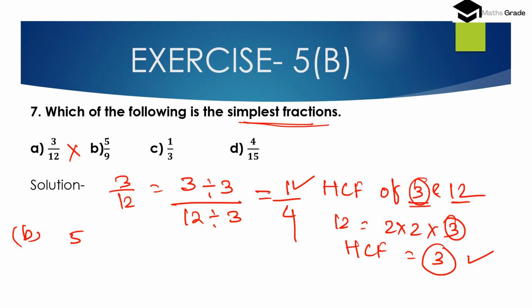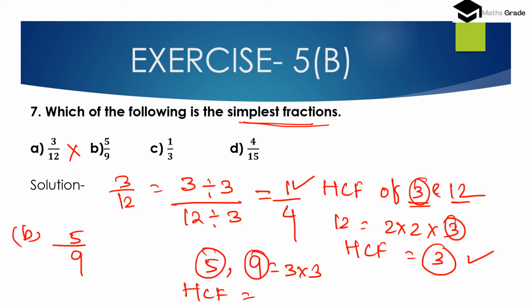Option B, 5/9. Here we first have to find the highest common factor between 5 and 9. The prime factorization of 5 is 5, and the prime factorization of 9 is 3 multiplied by 3. There is no common factor between 5 and 9, so the highest common factor is 1.